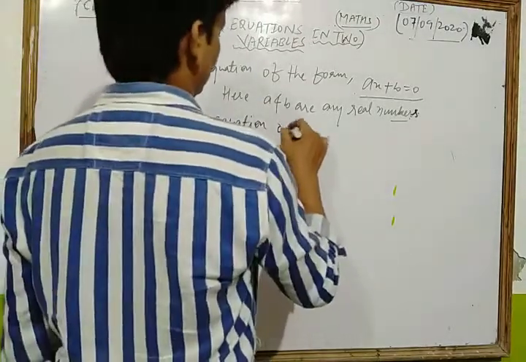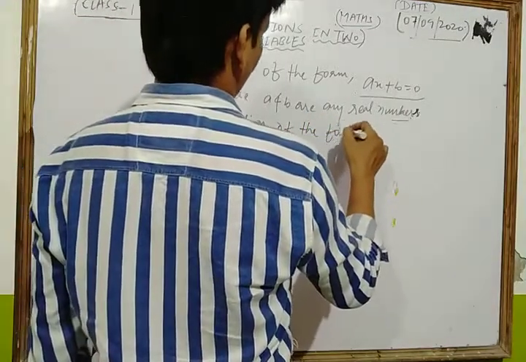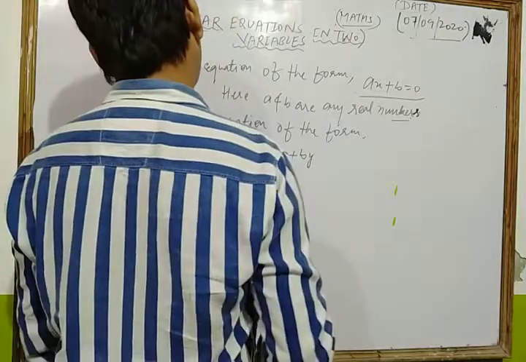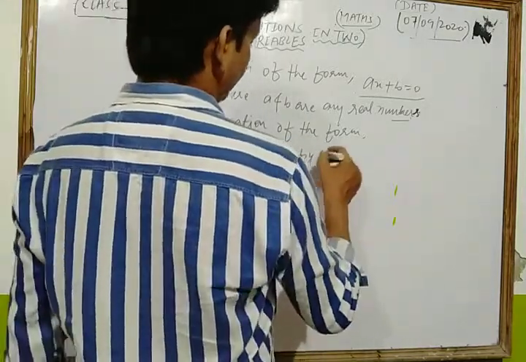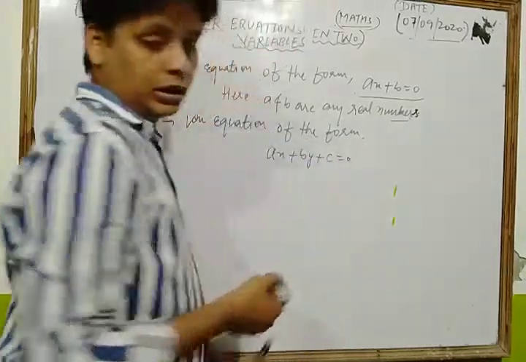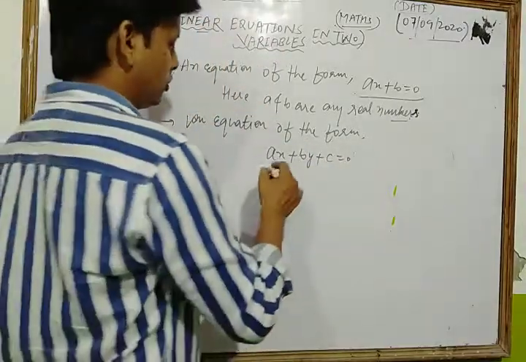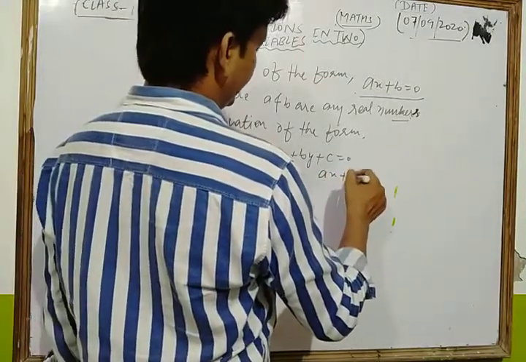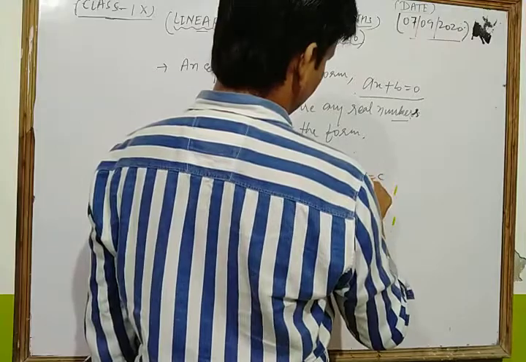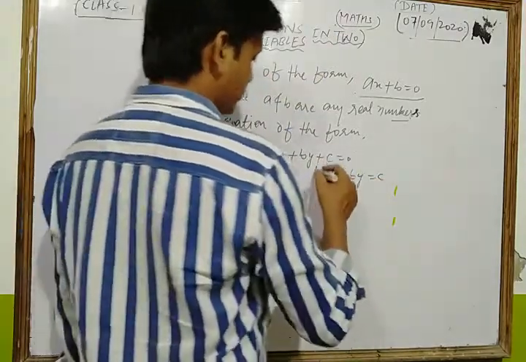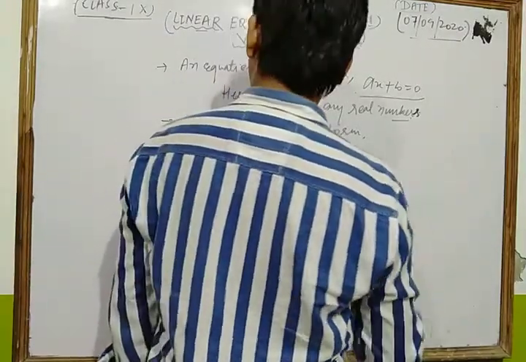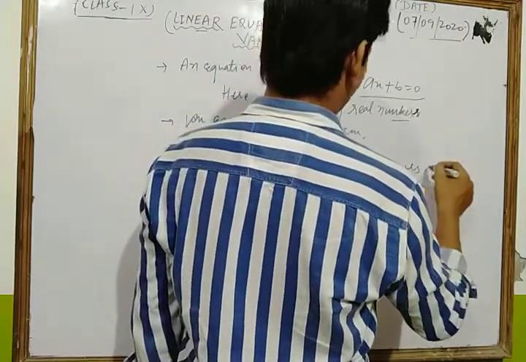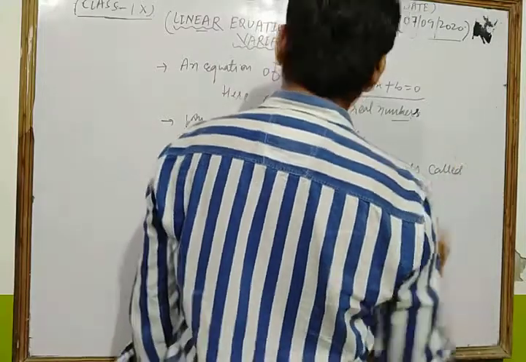ax plus by plus c is equal to 0, or ax plus by is equal to c, is called what?